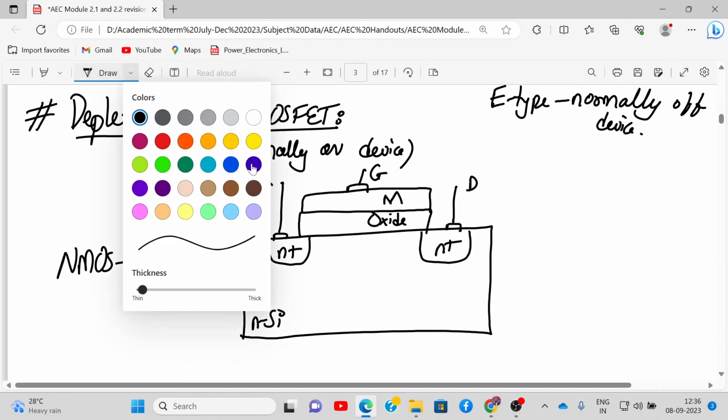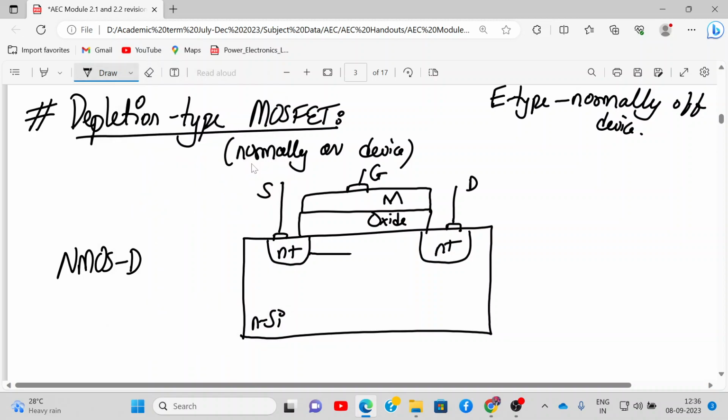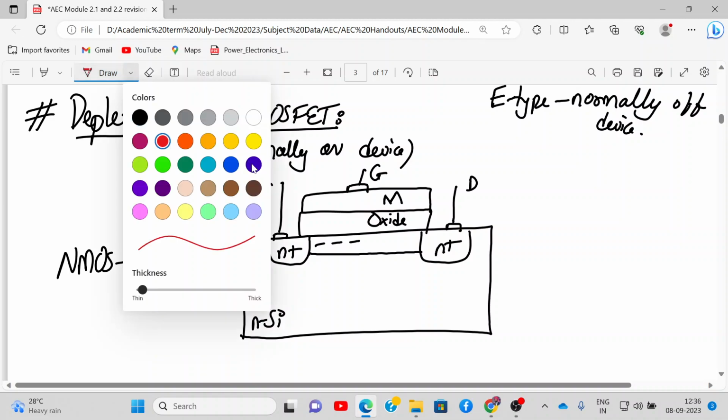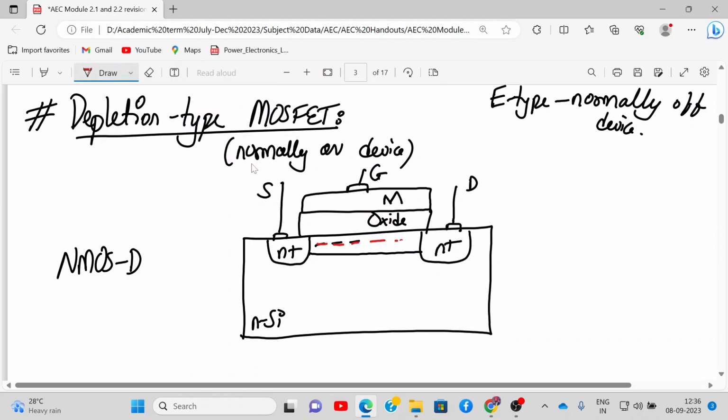You know what the difference is? The difference is that here the channel is already present. This is the N channel, already formed without applying any voltage, present from the start.